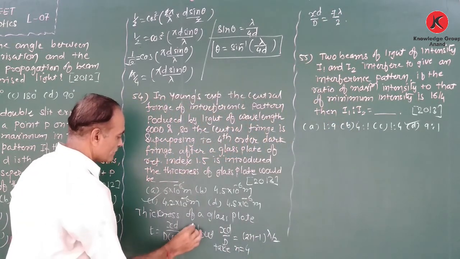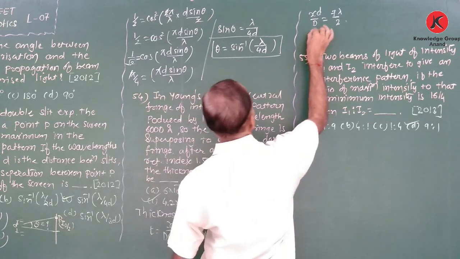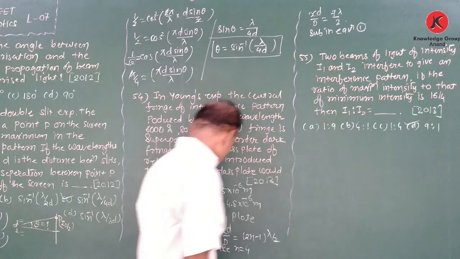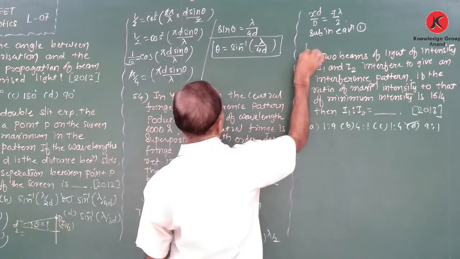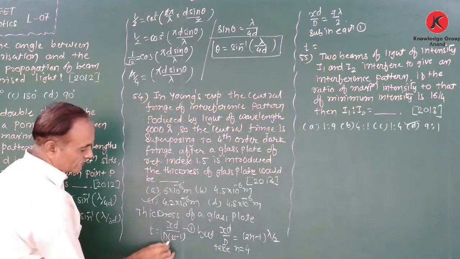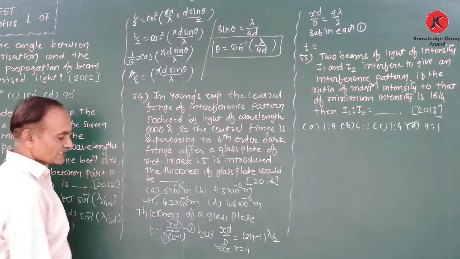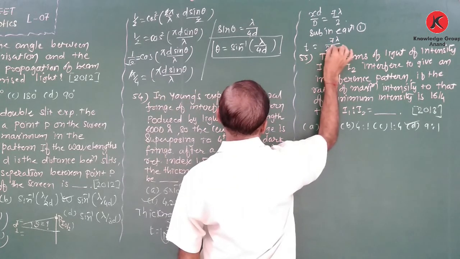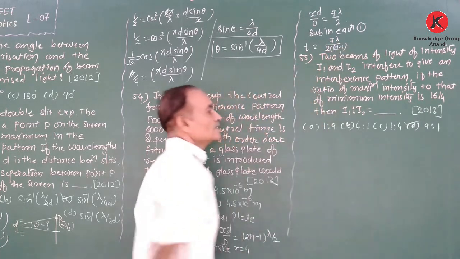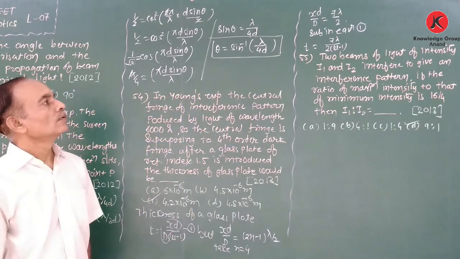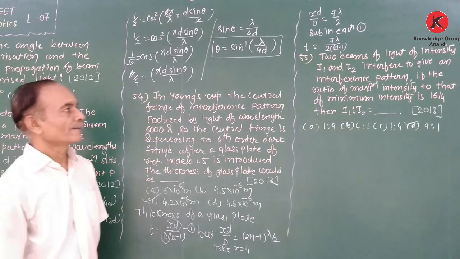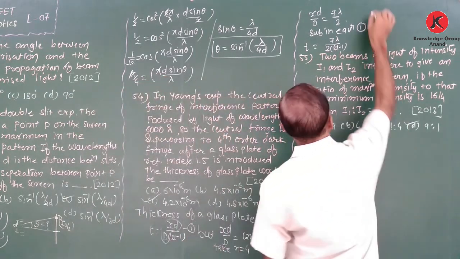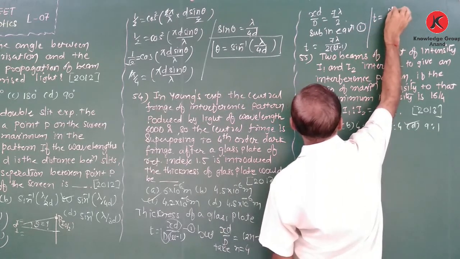Substitute in equation 1. Equation 1 is T is equal to xd upon D into mu minus 1; instead of this part, we substitute 7 lambda by 2. Therefore, T is equal to 7 lambda upon 2 into (mu minus 1). Now wavelength and mu are given.